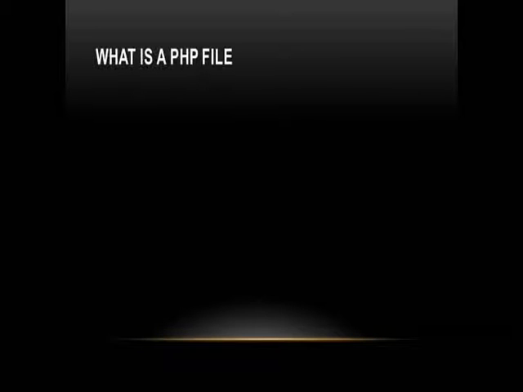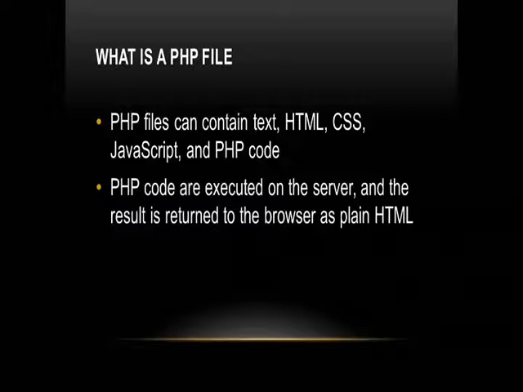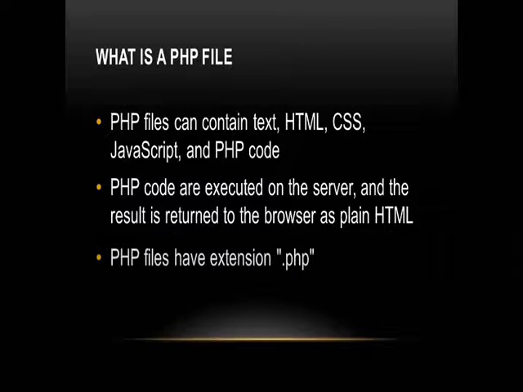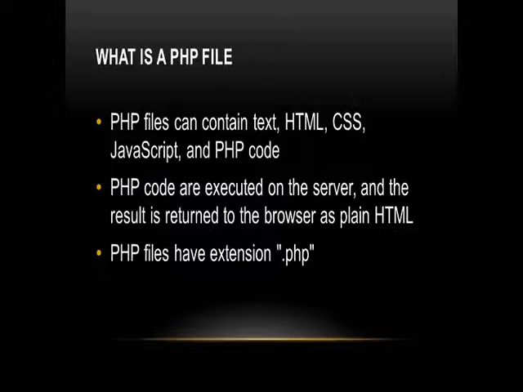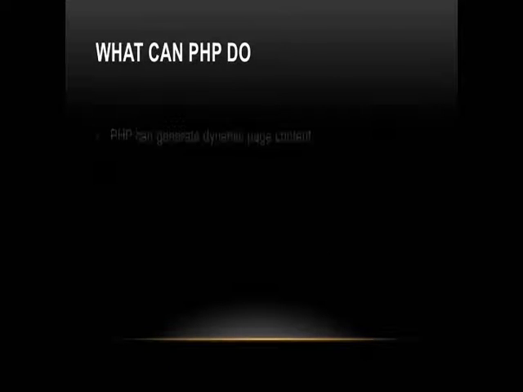Now, what is a PHP file? A PHP file can contain text, HTML, CSS, JavaScript, and PHP code. PHP code is executed on the server, and the result is returned to the browser as plain HTML. PHP files end with .php. What can PHP do?